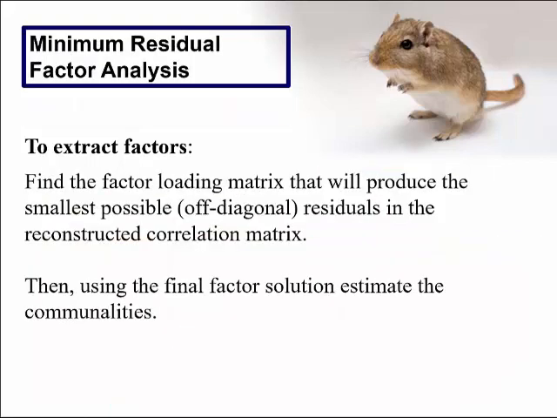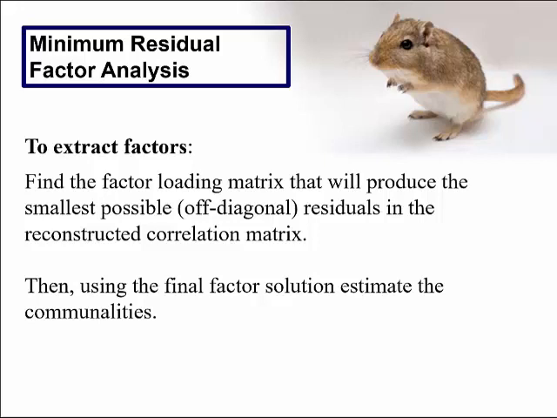And another approach you can use to doing a factor analysis proper is to do something called a minimum residual factor analysis. This is somewhat newer than the other approaches we've been talking about up to this point, and it's not used quite as much, although it might be becoming more and more popular, so it'd be good to be familiar with this approach to doing a factor analysis.